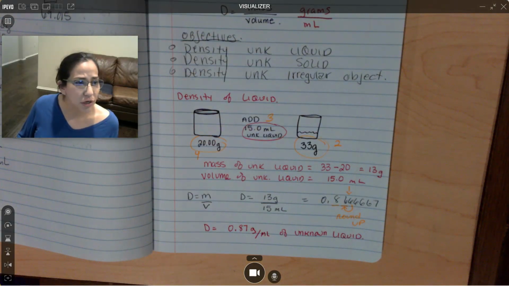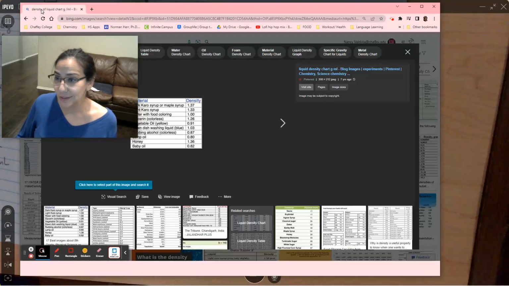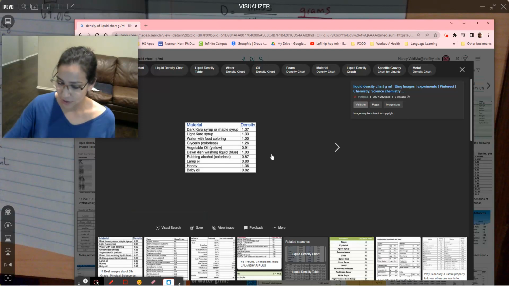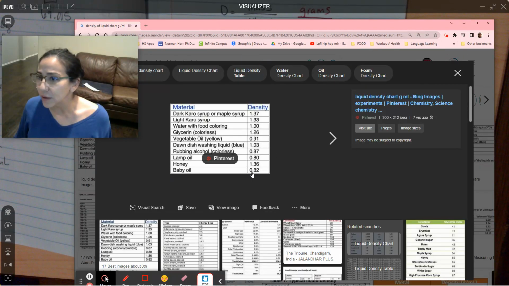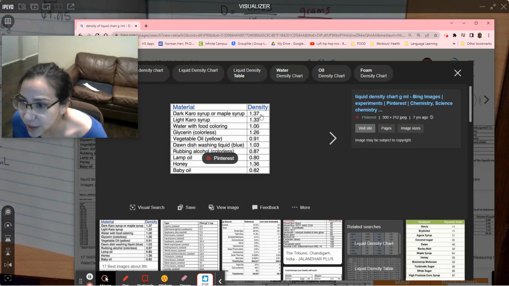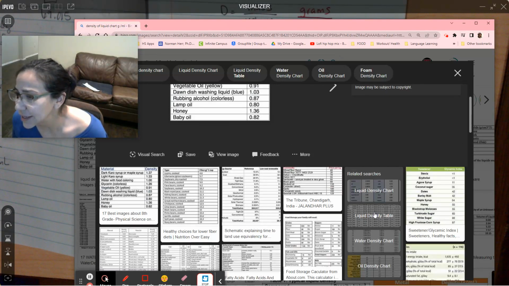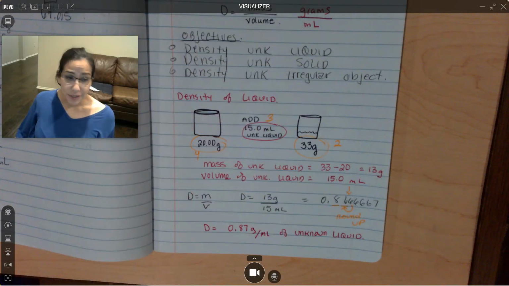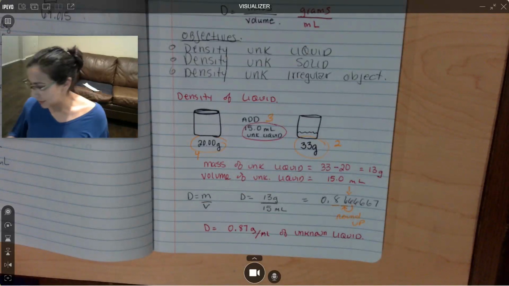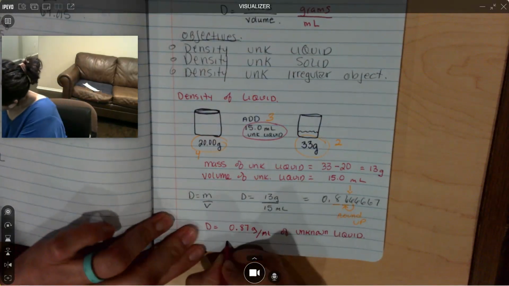According to this random chart that I'm using here, baby oil has a density of 0.82, and that is actually the closest one that I see that matches the density that I have. So for our sake, I'm just going to write that this must be baby oil.